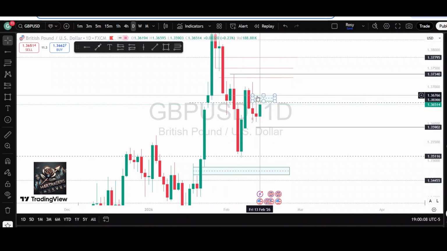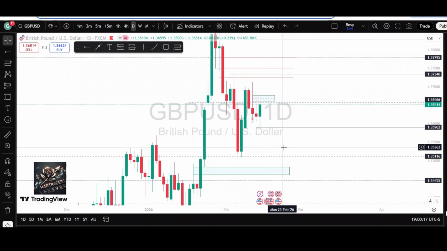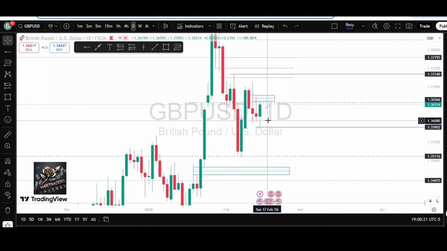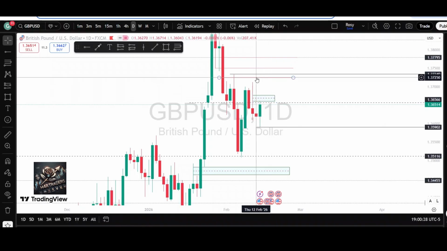So the areas up are the areas I'm looking at price to probably react to. Price ran back into this area. I'm looking at price to get back to this area to give me a reaction before we continue to go down. If price decides to come down, then we wait and see how we will get our entry. If not, if price decides to go up and this area does not hold, the next area I'm looking at is this area, but I'm expecting this area to hold.